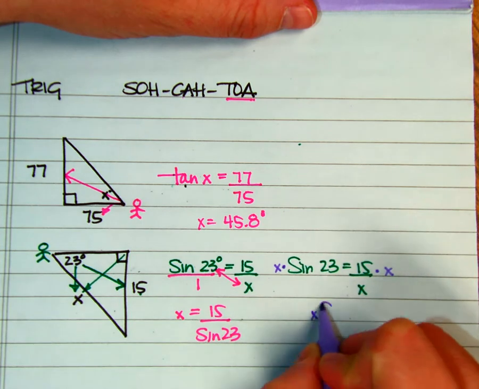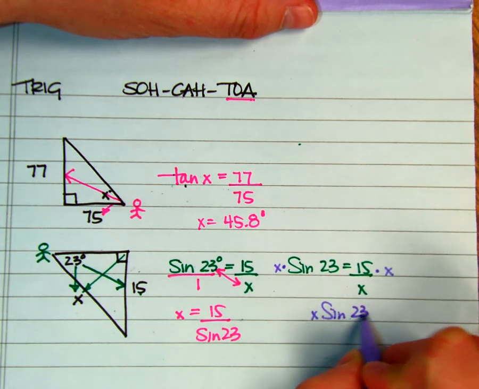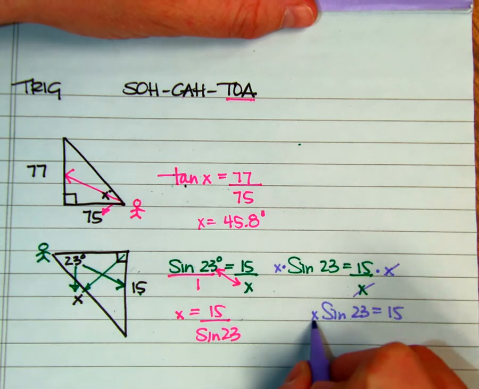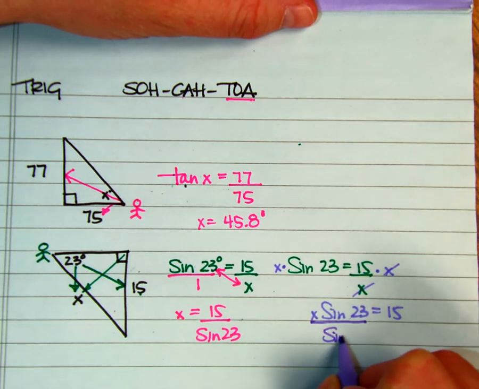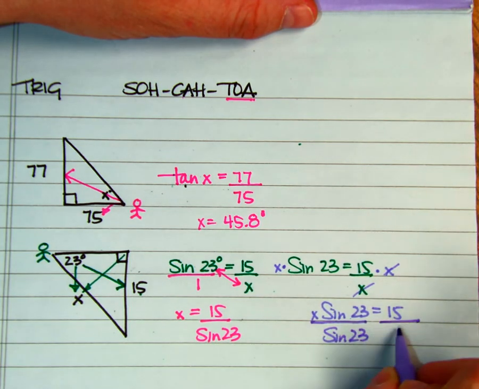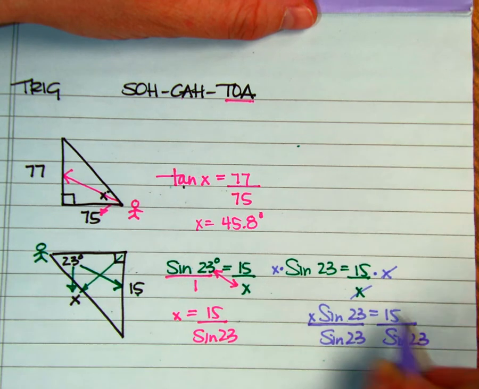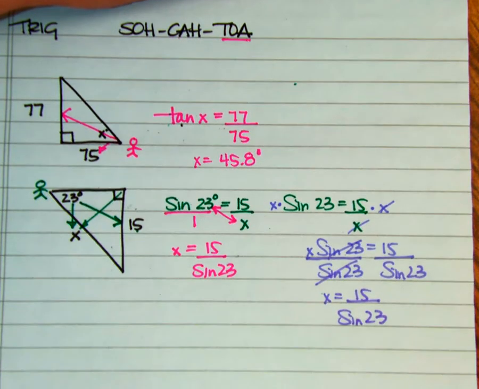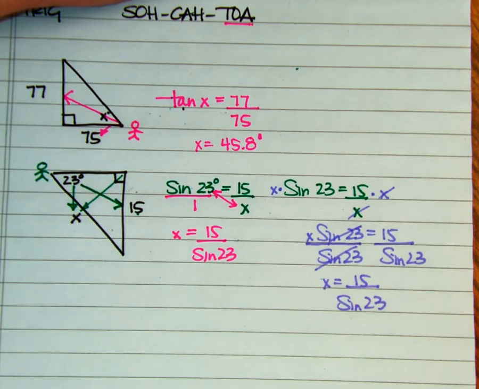So I have x sine of 23 equals 15, because those are going to cancel out. Now I can divide both sides by the sine of 23, and those cancel out, so I'm left with x equals 15 divided by the sine of 23. So whichever one makes the most sense to you.